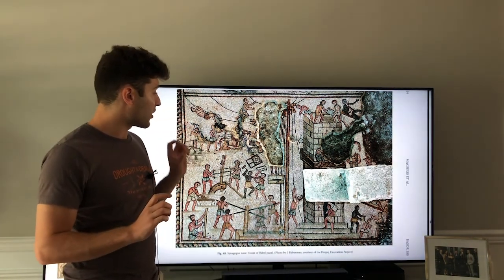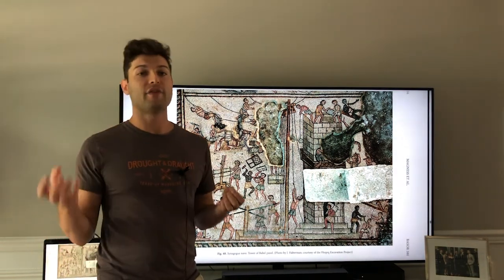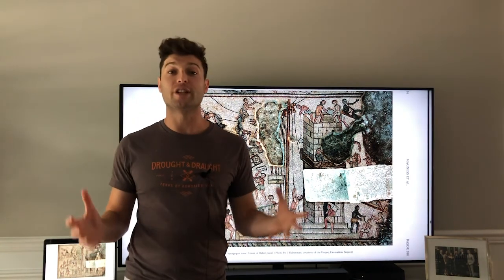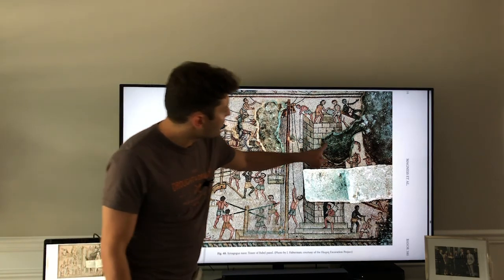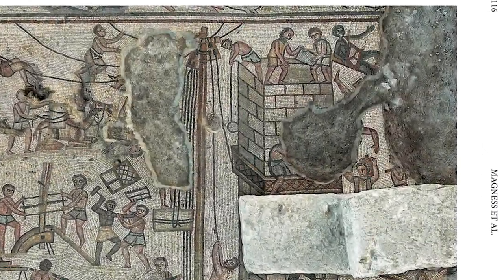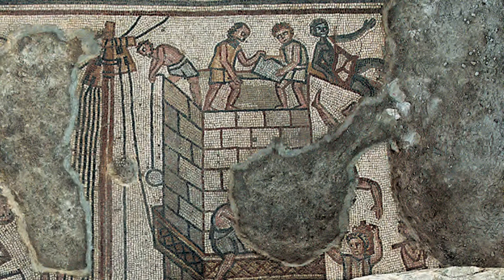The other thing that we start to see here is a reading of the text that also incorporates a sense of midrashic and traditional Jewish narrative and story. So one little detail that we see here is that there's, and it's sort of cut off, but there's a worker who's falling off of the top of the tower, presumably plunging to his death.